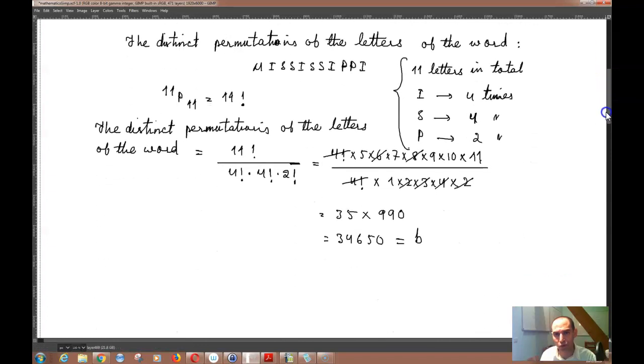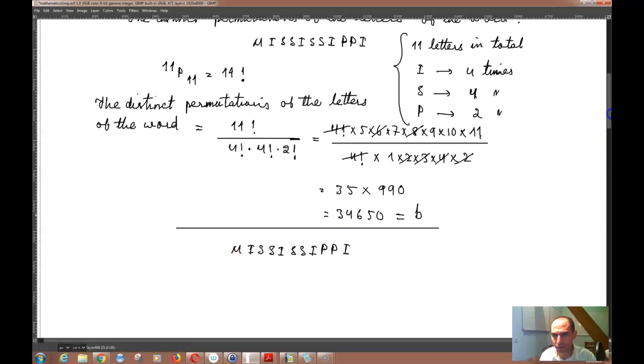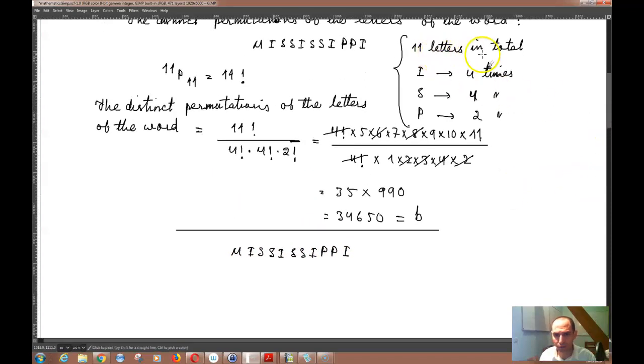So when the I's do come together, what happens is that you have the word Mississippi. Now over here we said that you have 11 letters in total, and you have 4 I's.